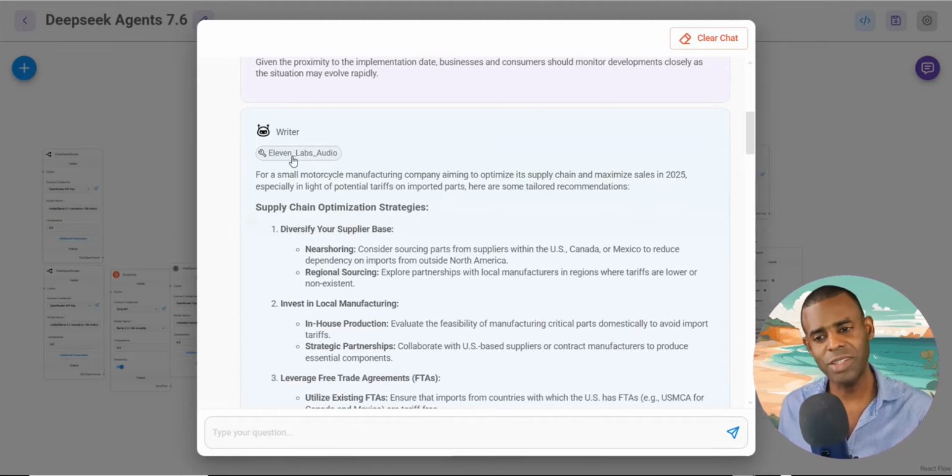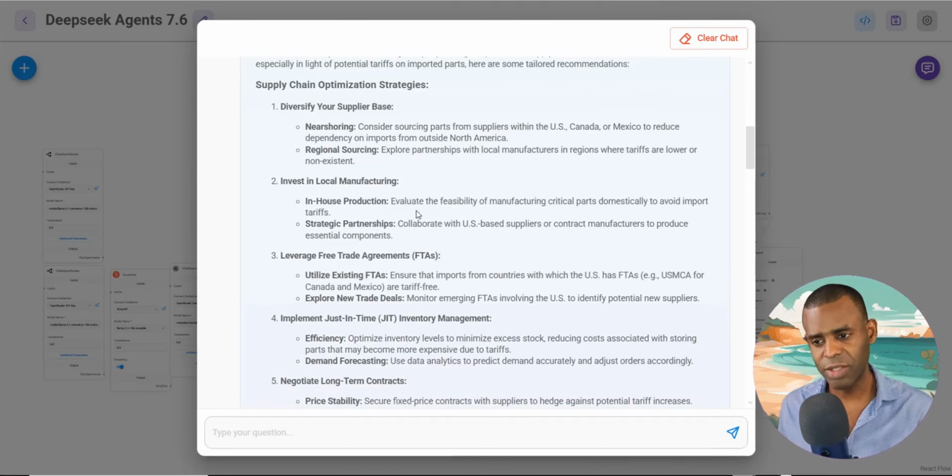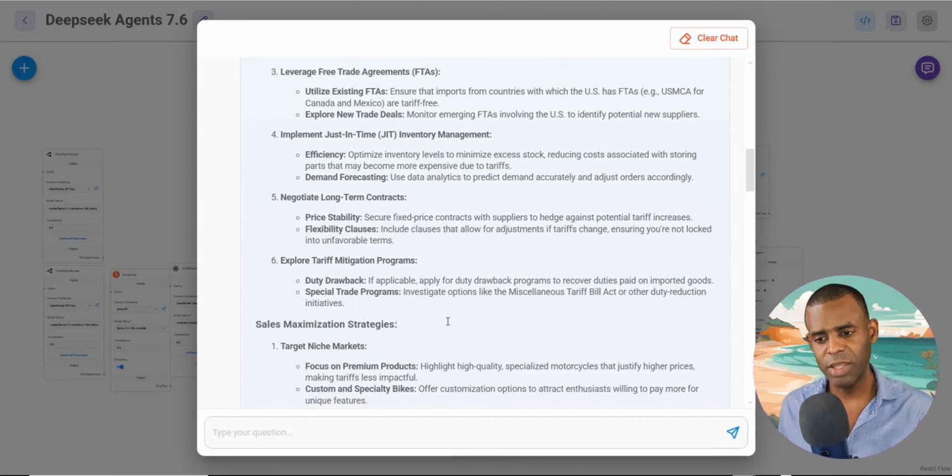And so the first thing it says is diversify your supplier base, which is very, very smart. Invest in local manufacturing, leverage free trade agreements, okay. Implement just-in-time inventory management, negotiate long-term contracts, which is pretty good. Explore tariff mitigation programs, and then target niche markets.